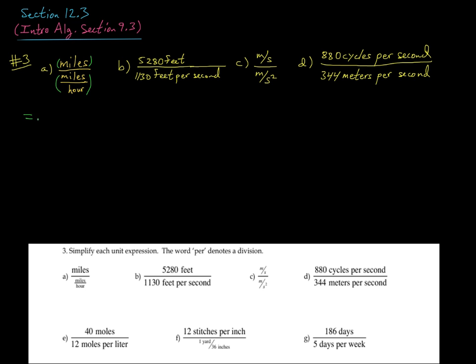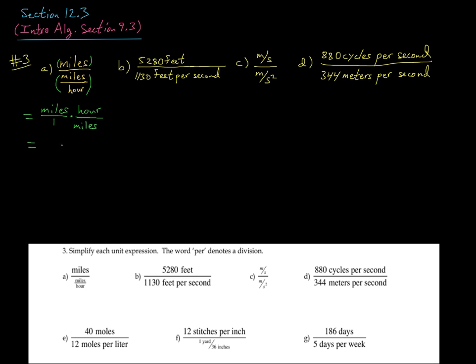Just like we were doing in question number 2, this is a division, so I can write this numerator as miles per 1, just for emphasis, times the reciprocal of what I have down here, and that would be hour per miles.